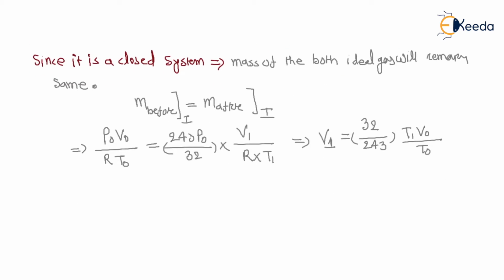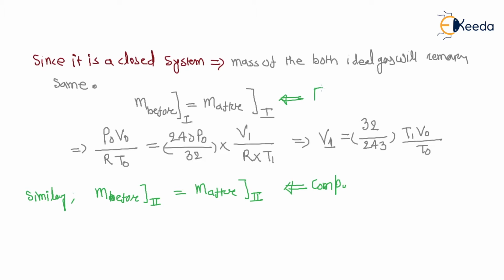Now again similarly, mass before for compartment 2 is equal to mass after for compartment 2. This is the compression process and this is your expansion, right?